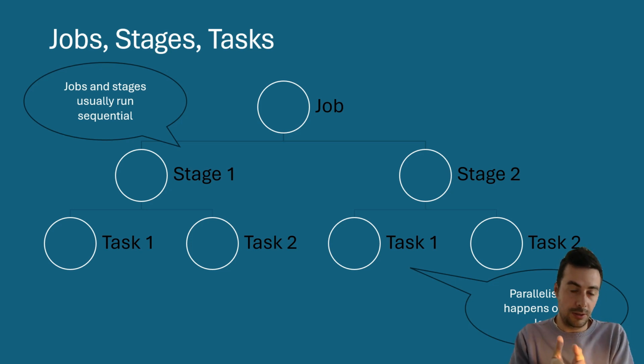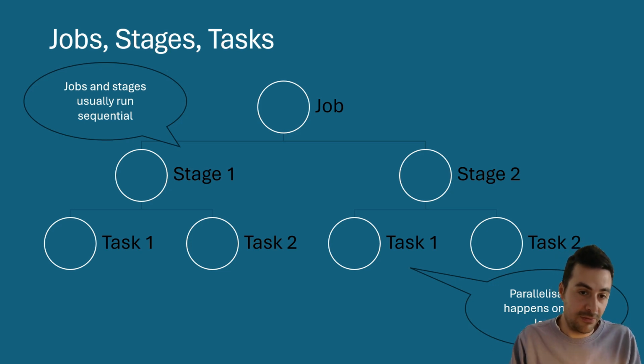One or multiple jobs are generated when we have an action. And a stage, so for instance with a count, if you remember, we had a local count and then a global count. So basically after the local count, the intermediate result has to be serialized and saved on disk.